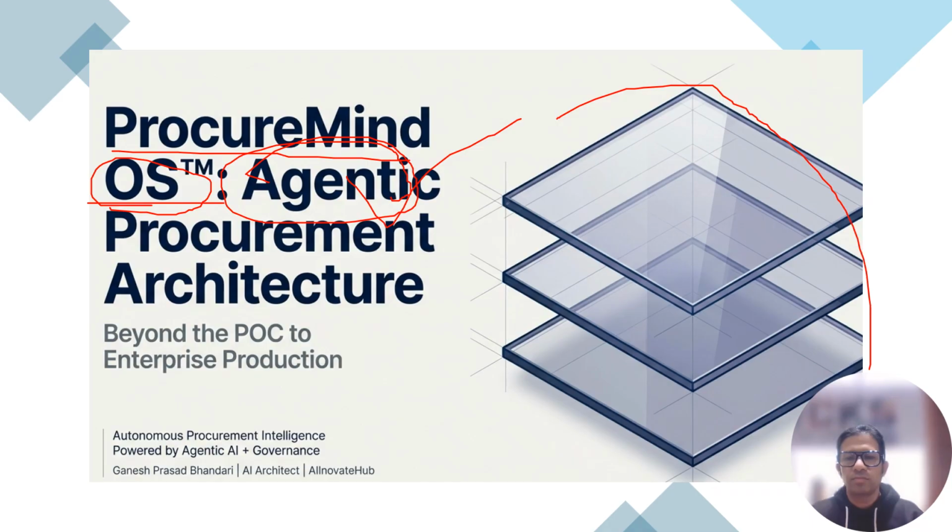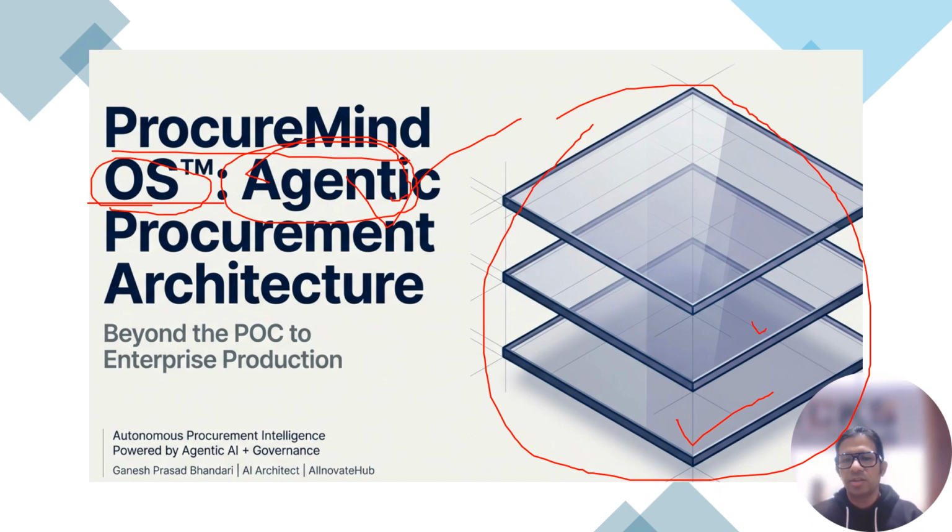See this layered graphic. Data, intelligence, governance, and execution. This layer stack is exactly how the system is designed. Bottom layer is data and truth: ERP, contracts, plus policies.